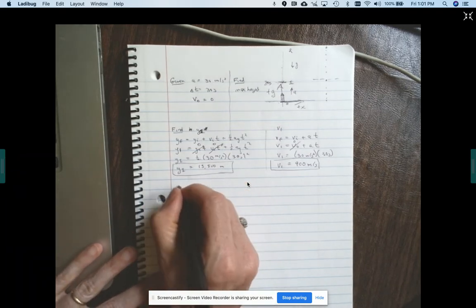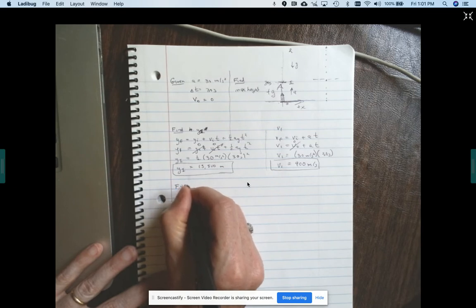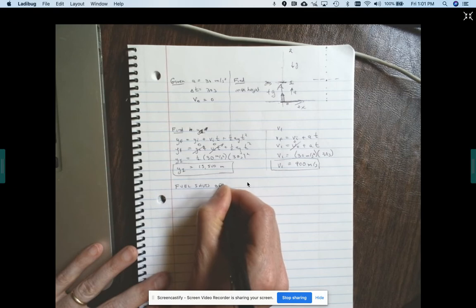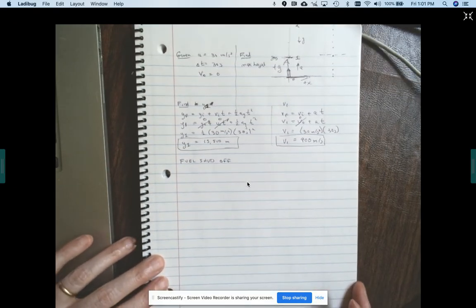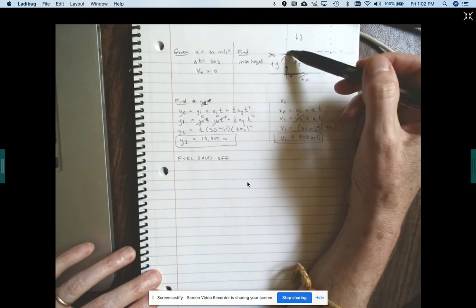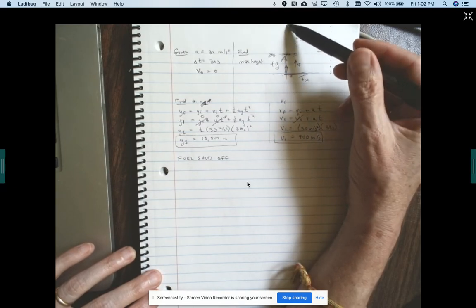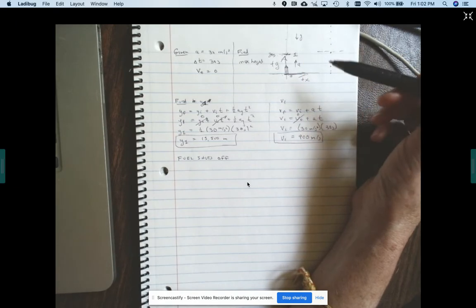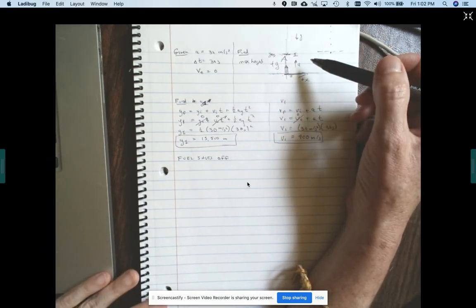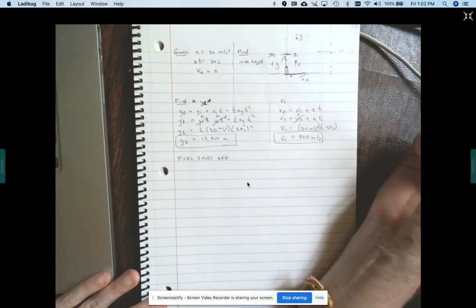Okay, so now the fuel shuts off. So what happens? It's not going to just fall down immediately. It's going to keep moving up until that velocity has decreased enough that it stops. So we want to figure out how high it goes. There are lots of ways you can do this.